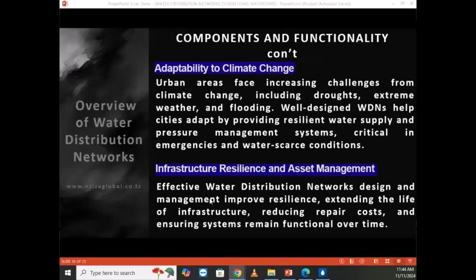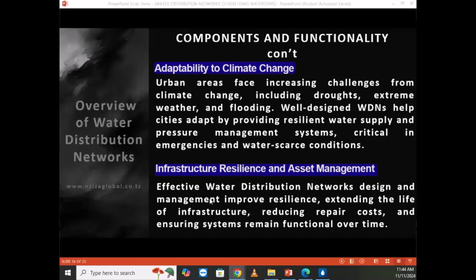The water distribution network also will help us with adaptability to climate change. Urban areas face increasing challenges from climate change, including droughts, extreme weather, and flooding. A well-designed water distribution network helps cities adapt by improving resilience, water supply, and pressure management systems, critical in emergency and water scarce conditions.